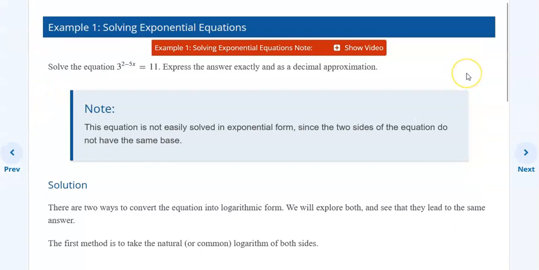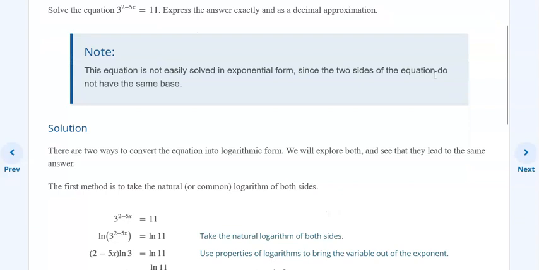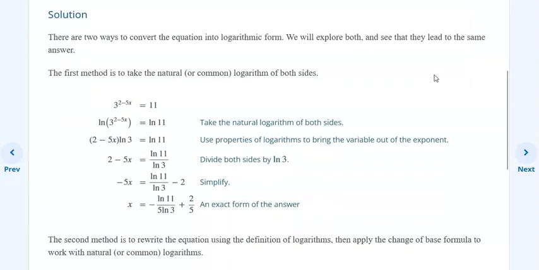Now, in example 1, we're going to take a look at this, which is in exponential form. And actually, there's more than one way to solve it. So let's follow what the book is showing. Take some notes as you do this, step by step. I'll get my pen working here.